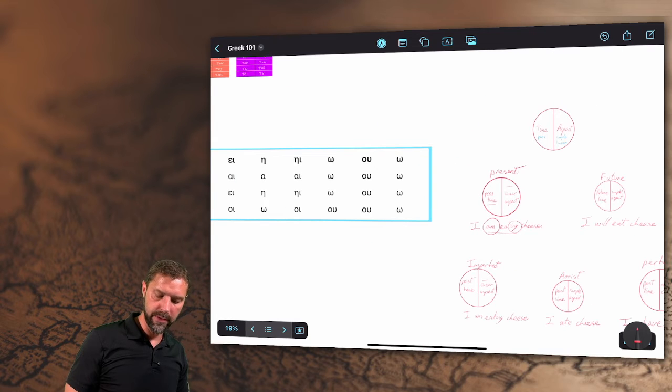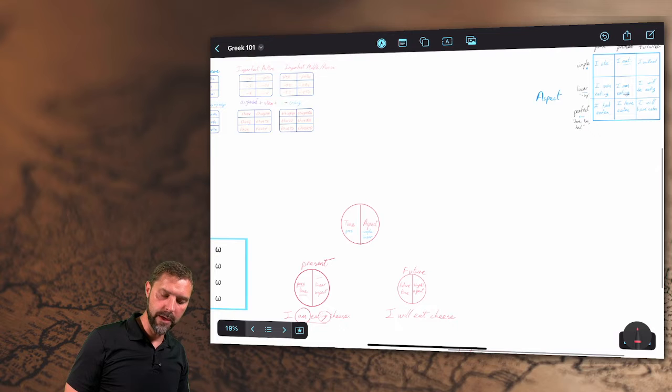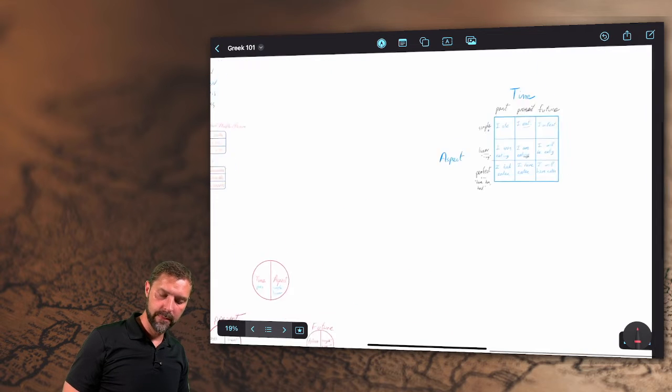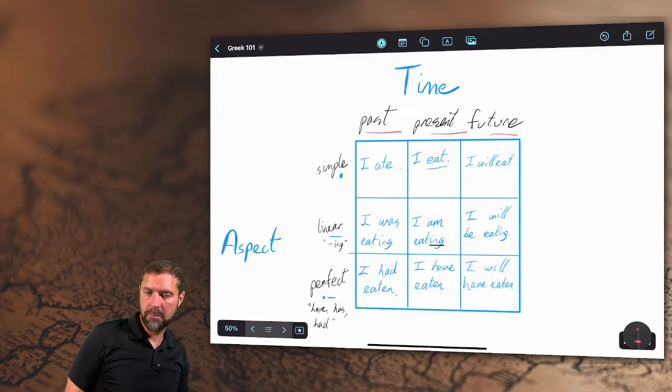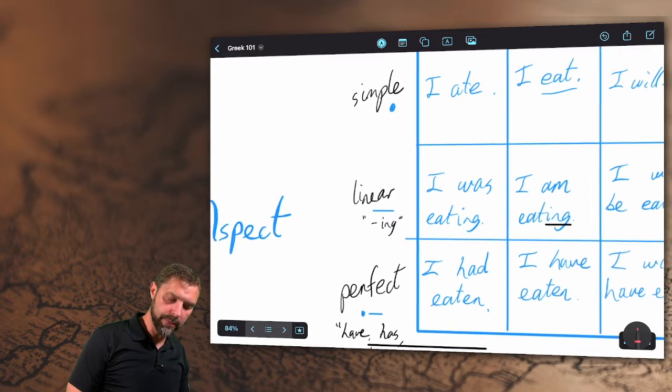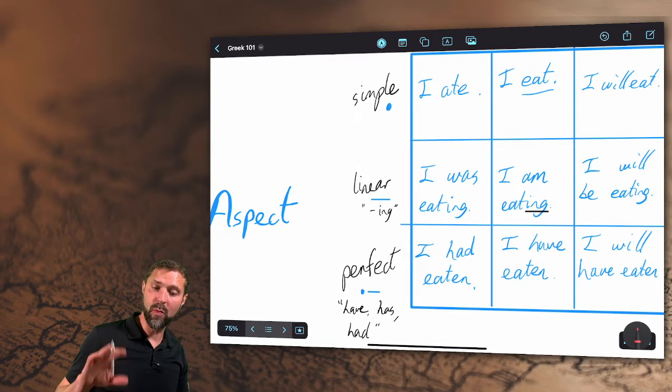Okay, so maybe I should have given this to you as a chart, but let's try it this way. We'll go ahead and create a chart. Here we are. I have three options for time: past, present, future. I think that makes sense. I mean, that's almost philosophical. What might not be as obvious would be three possible aspects or three possible ways that a verb happens.